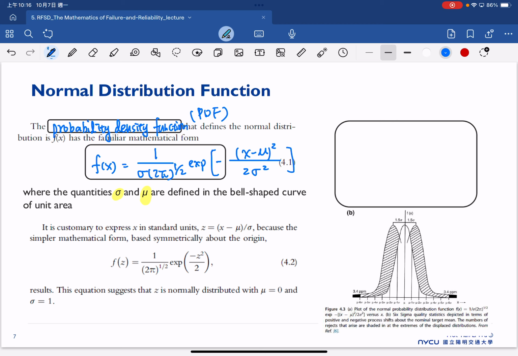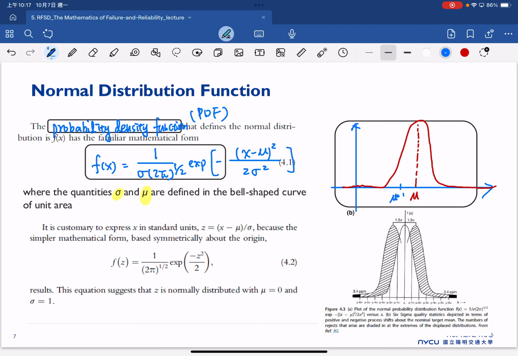This normal distribution function is very well known, so I bet you have already seen this function. It looks like a bell shape, with a center at mu and a standard deviation of sigma.